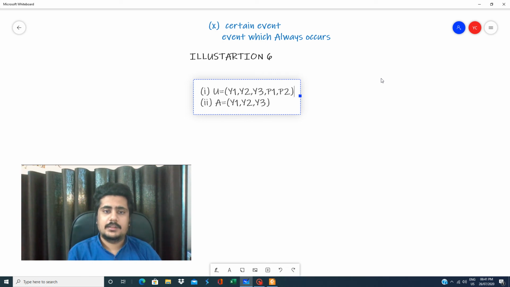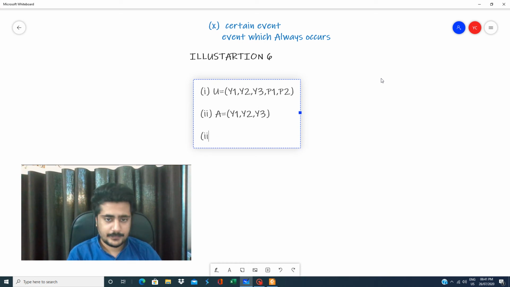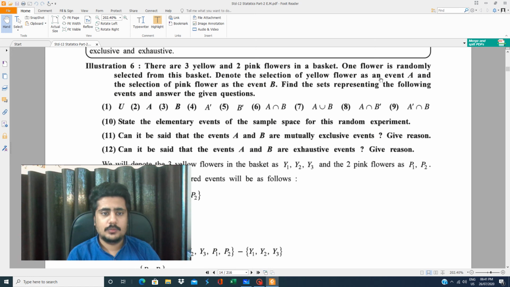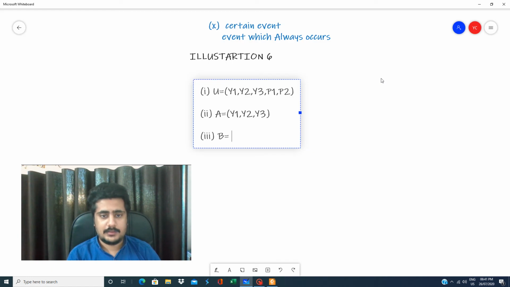Let us give a space so that it doesn't get congested. So I have done A also. Let us do B. What is B? Selection of a pink flower is B. So B is P1, P2.